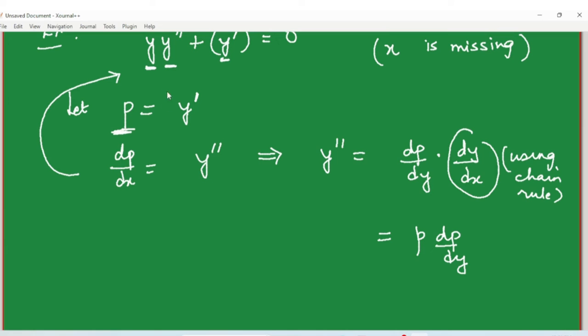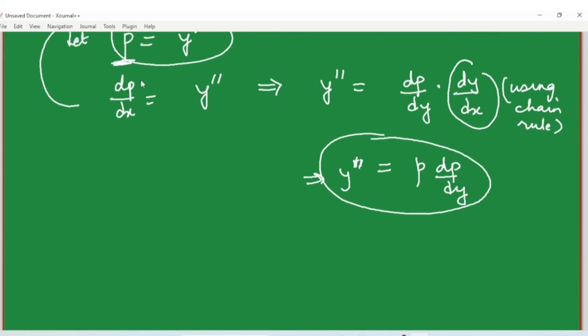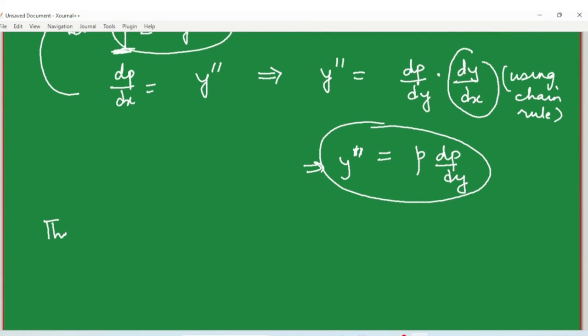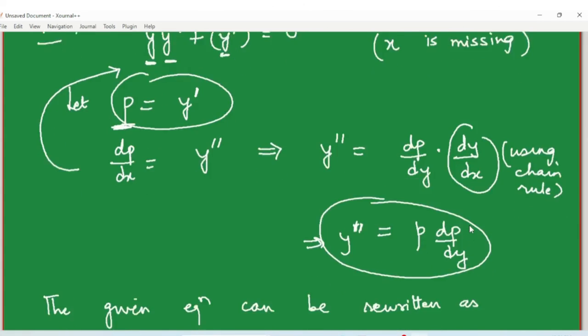So when you do that, p is your y dash and y double dash has taken this value. Putting these two in the given equation, the given equation can be rewritten in terms of p and y. Let's see how it looks like, y into y double dash.